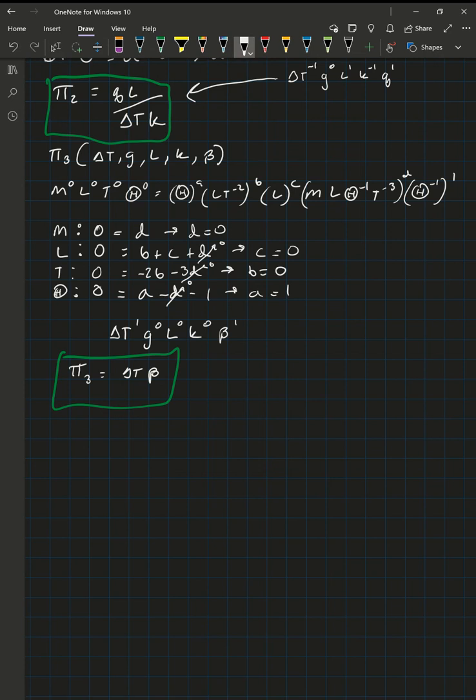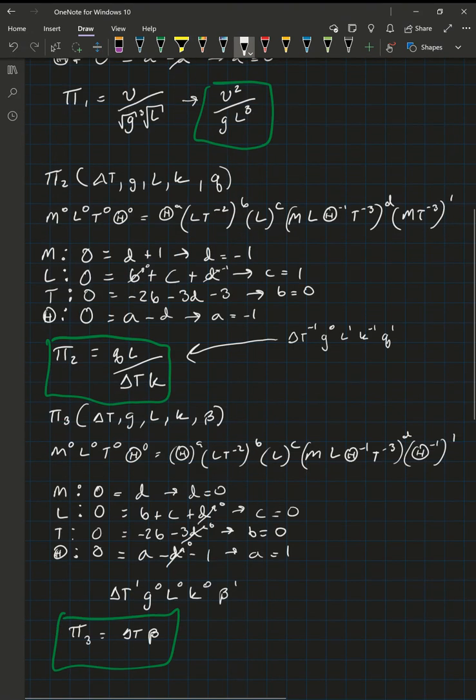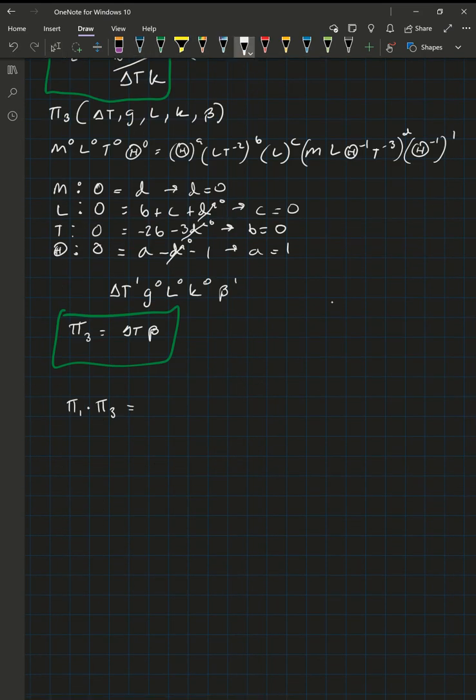So now we'll take these two, we'll multiply them, and then we have pi 1 times pi 3, since we're saying that g and beta only appear together. Our pi group 1 was v squared over GL cubed. Actually, sorry, let me take a pause here. I'm going to rewrite this expression.